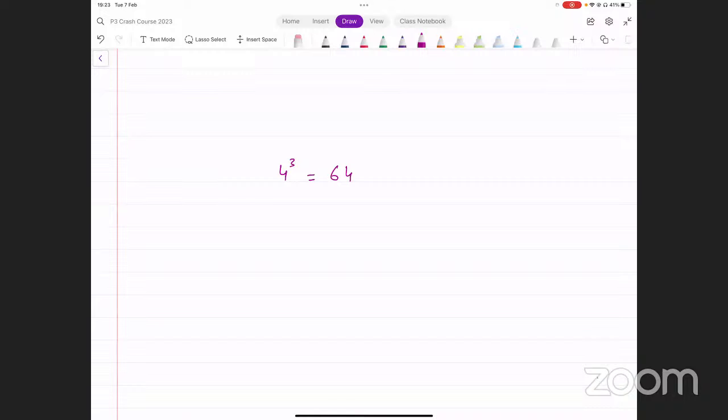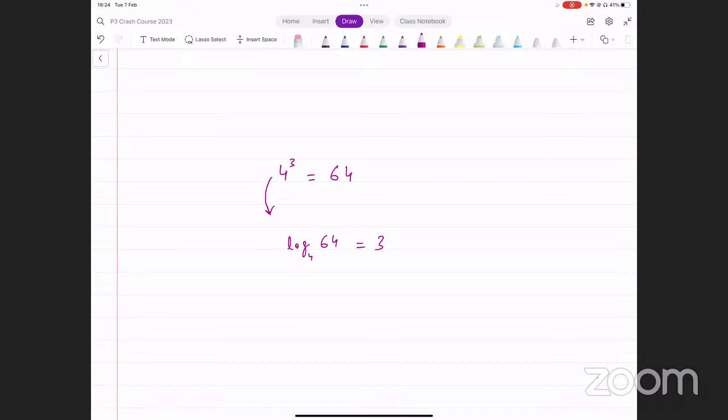All of you are familiar with this representation where you have something in power, 4 raised to power 3, that equals 64. This is the power notation, the index notation. All of you know how to use this, right? This same thing can actually be written in terms of logs as well. And how is that going to work? This can be written like this, log of 64 base 4 equals 3.